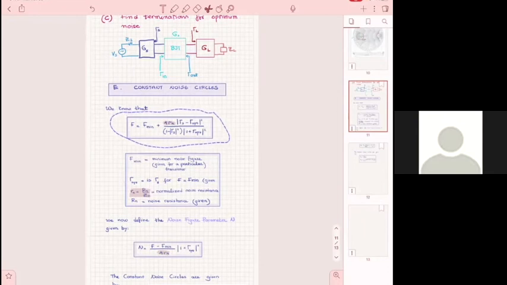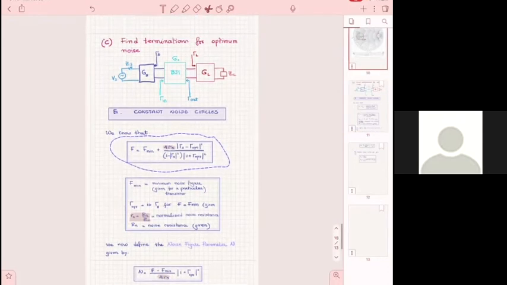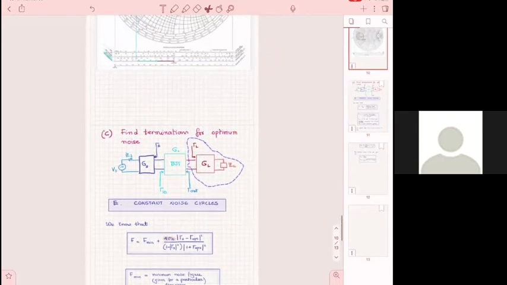Now, if my gamma sub S choice is determined by noise, what about the gamma sub L in this unilateral transistor? How am I going to find gamma sub L?